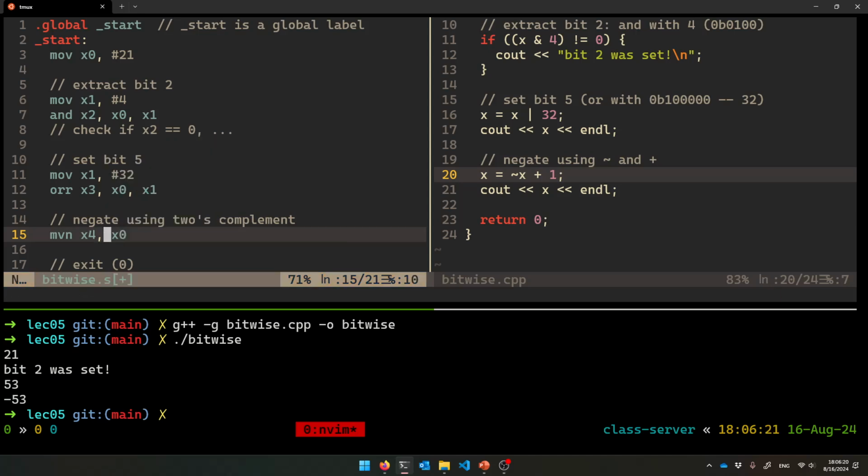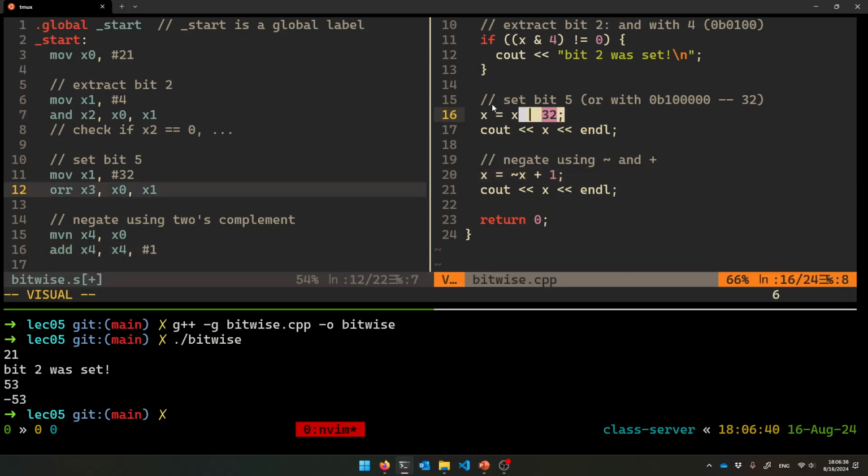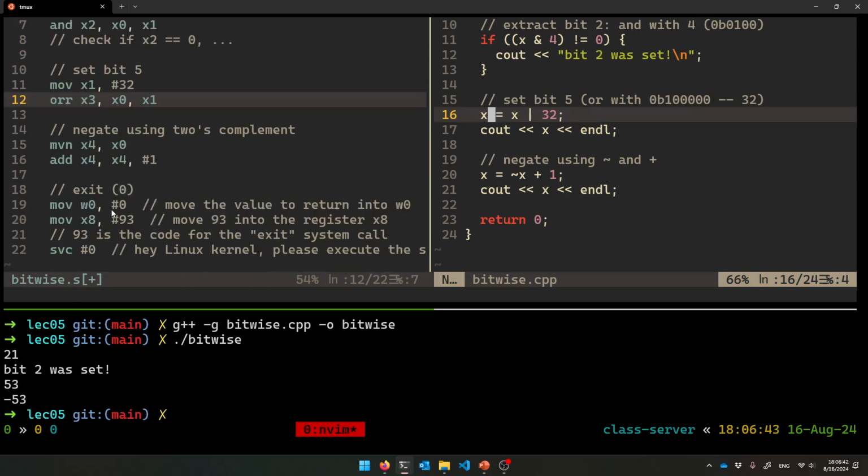It takes x0, what it was, flips all the bits and puts that in x4. And then we want to add 1 to that. So add x4, x4, 1. And that should produce the negative version of 21. Okay? That's how that'll work. x0 is 21 still, because we're placing all these ANDs and ORs in new places rather than overwriting like I did here. Okay? And then of course we exit.